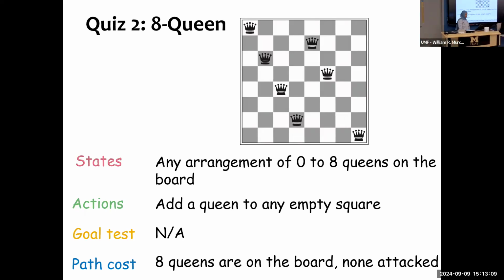Or add a queen to any empty square. What is this? Something is not given. Could you guess what it is? And 8 queens are on the board, non attacked. What is this? Just let me know once done. So we move to the correction.